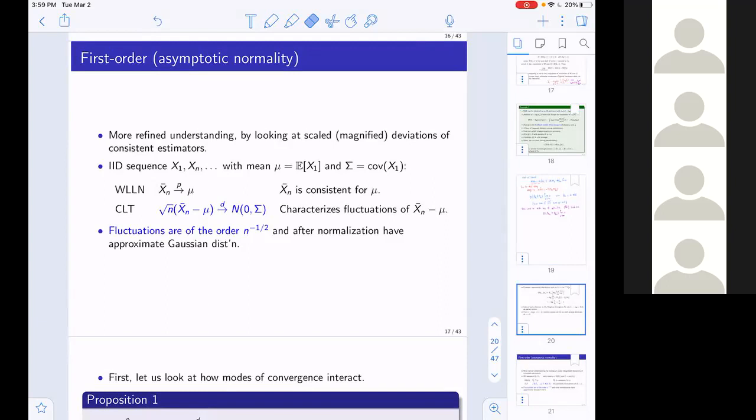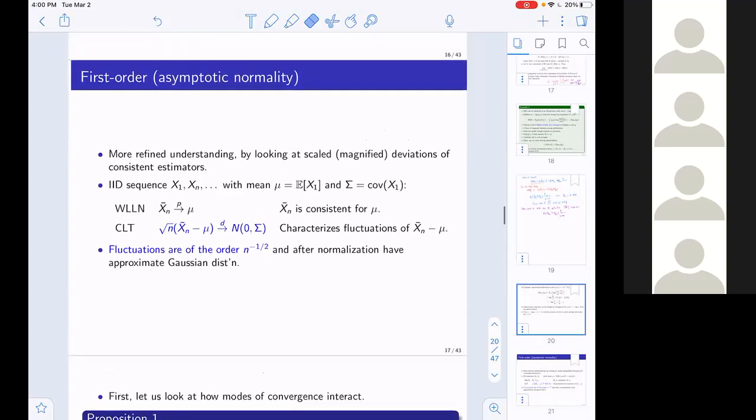So now I'm going to talk about the second stage in asymptotic analysis classically. Once you prove that your estimator is consistent, you can try to understand a little bit more by asking how fast you're converging to the true parameter. And this is where comparison of estimators comes in.